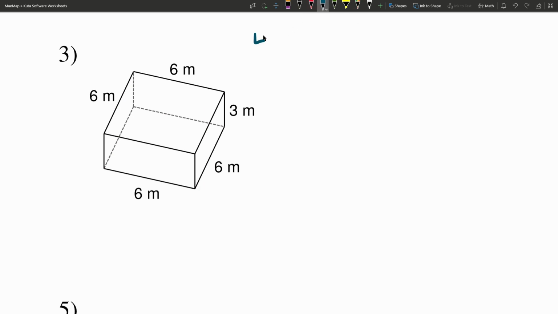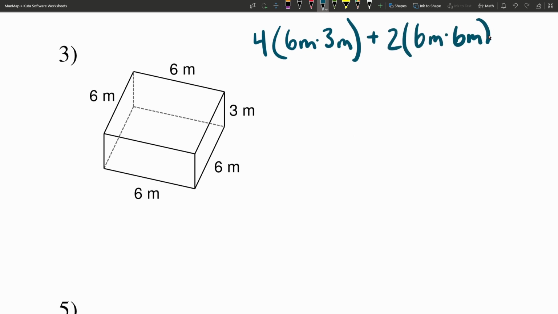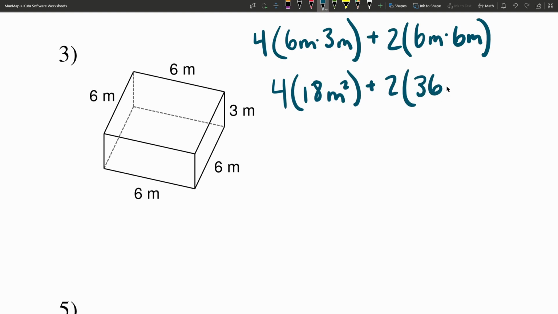Again, we have 4 sides that are 6 meters times 3 meters, and then we're going to be adding that to our other 2 sides, which are both 6 meters times 6 meters. 6 times 3 is 18, so we have 4 times 18 meters squared, plus 2 times 6 times 6, that's 36 meters squared. 4 times 18 is 72 meters squared, plus 2 times 36, which is 72 as well, so that's 72 meters squared. 72 plus 72 is 144.